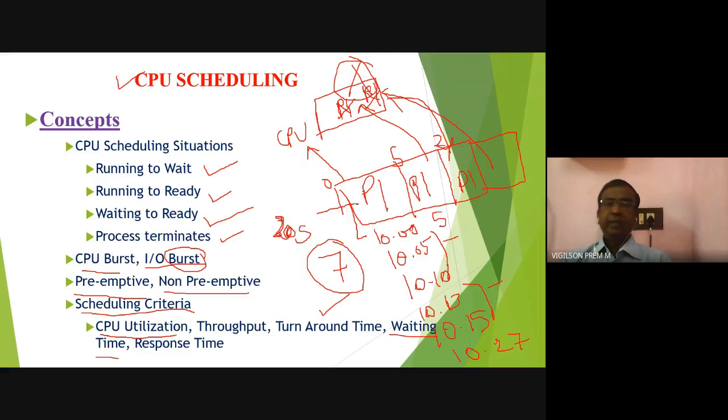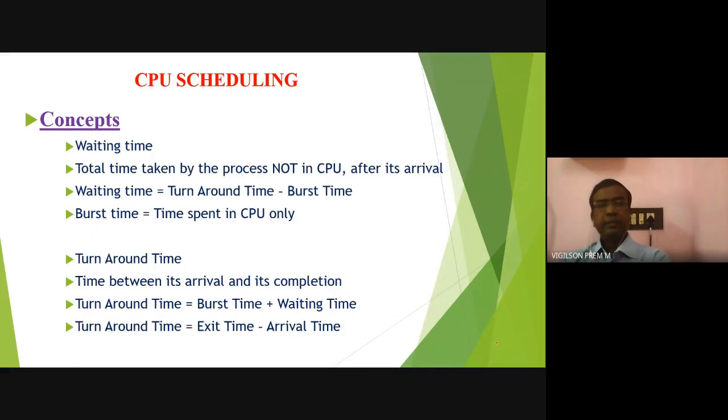Okay, waiting time I have already discussed. What is the formula for waiting time? Completion time minus CPU burst time. As I told, waiting time means the total time spent by the process not in the CPU.